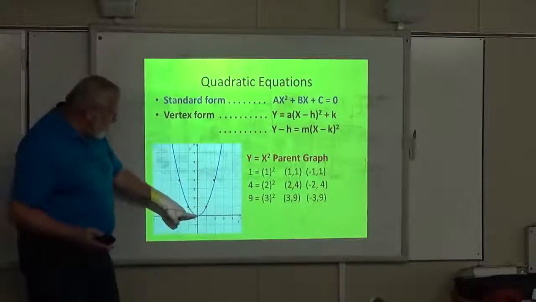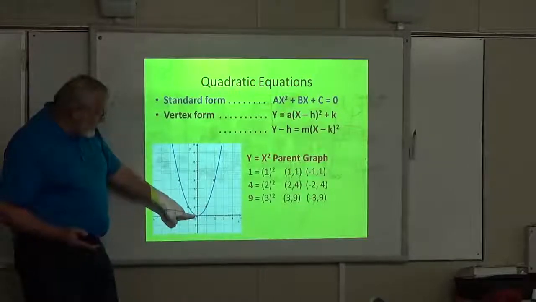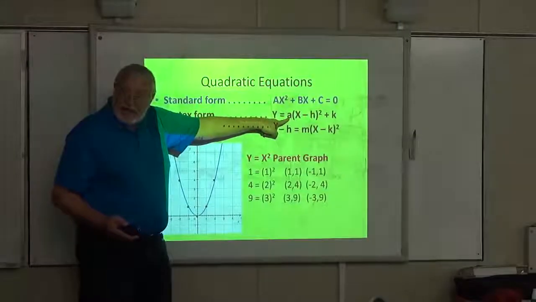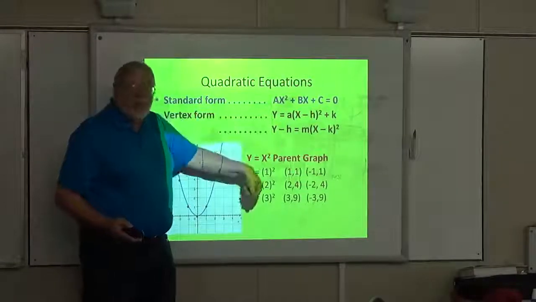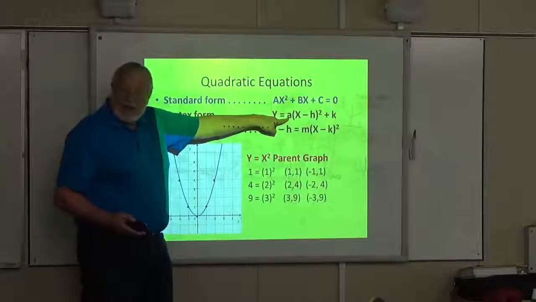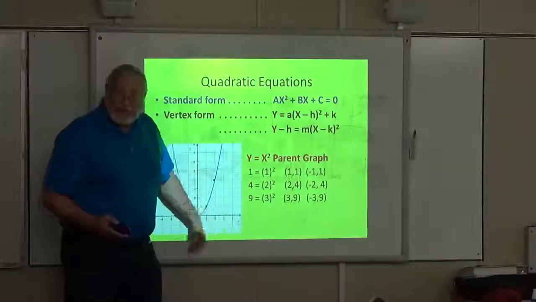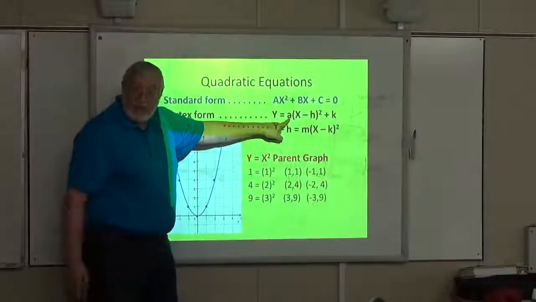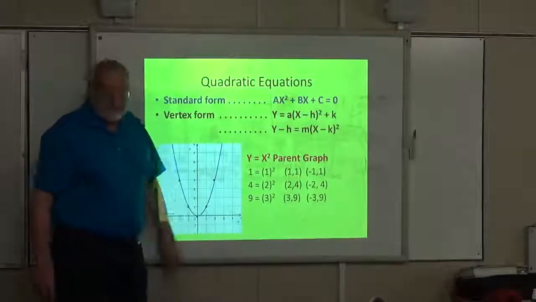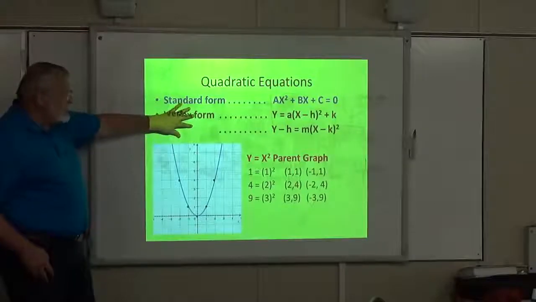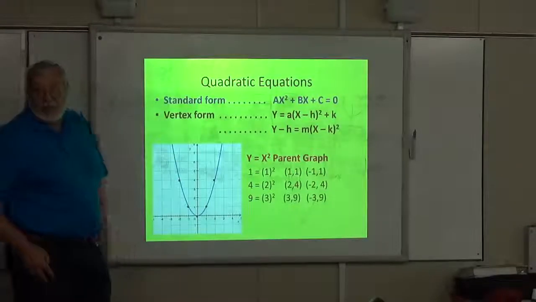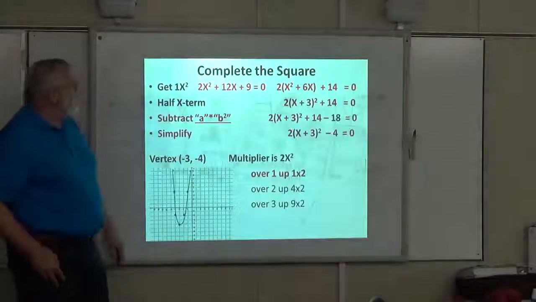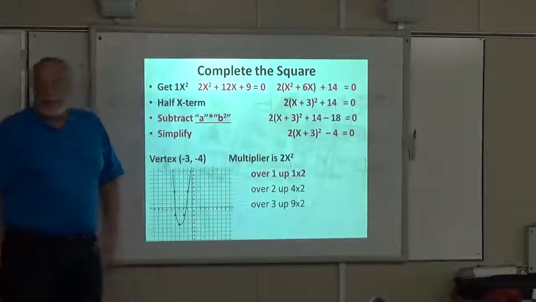Once you find the value here, this is a change of 1 times whatever that number a is. So we're going to square 1 and then multiply it by this. Then we're going to go over 2, square the 2, and multiply it by whatever a is. To me, this is easier than what most students consider it.